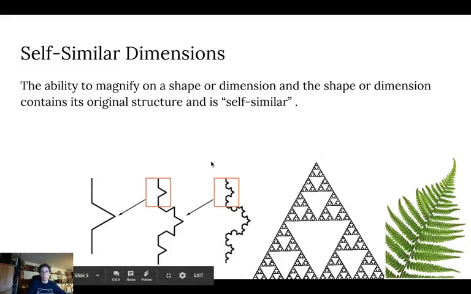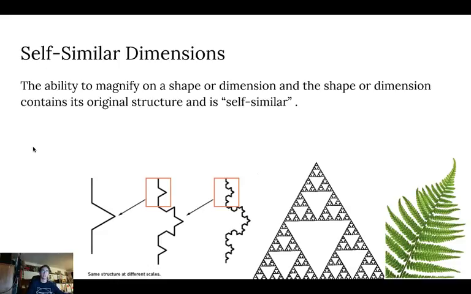If you were to continue to magnify on this fractal, you would still see the same equilateral triangle as you magnified the view. So you can see the same structure at different scales. That's the whole point of explaining self-similar dimensions: a fern leaf, the Sierpinski triangle, and other fractals have self-similar dimensions. That's a very key part of understanding fractal dimensions, that they're self-similar.